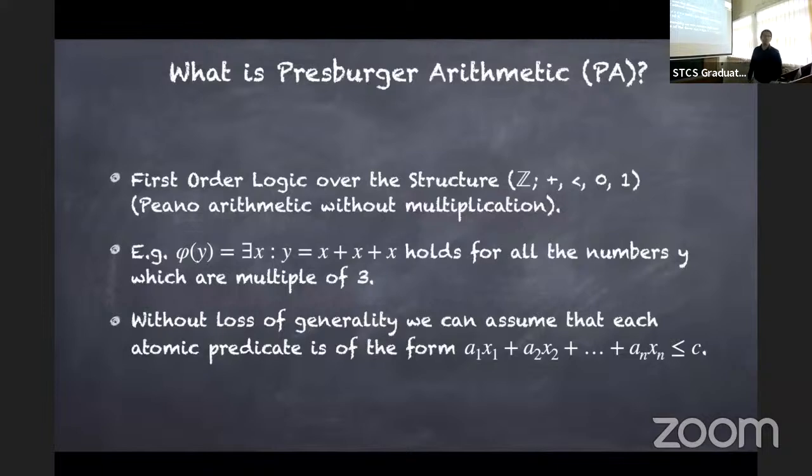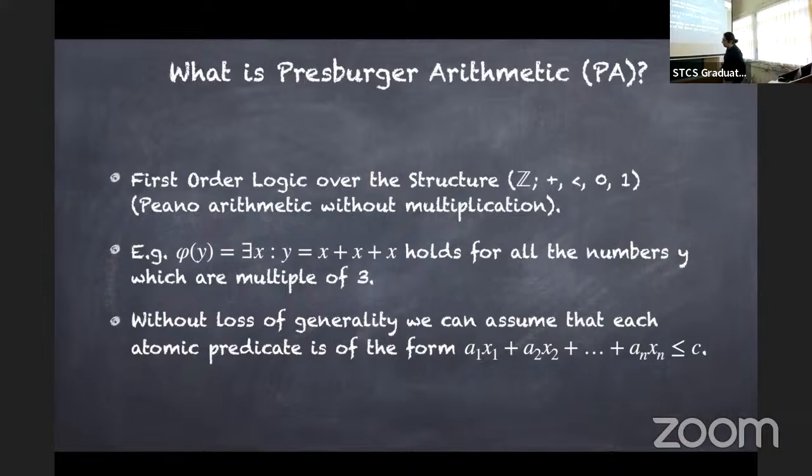But you can specify interesting statements, like whether a given number y is a multiple of 3 or some other number. So we can say phi of y is: there exists x, y is equal to x plus x plus x. This only holds for numbers which are multiples of 3.